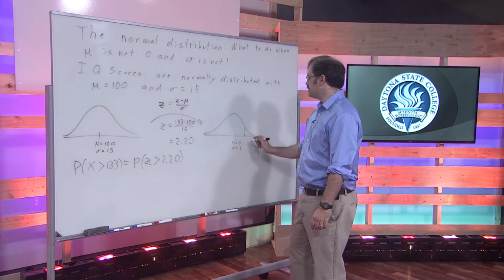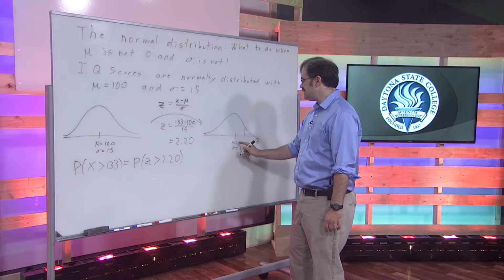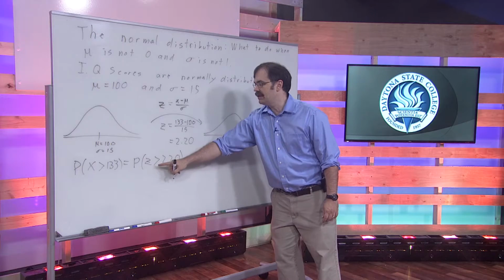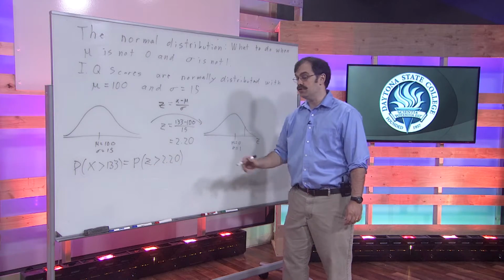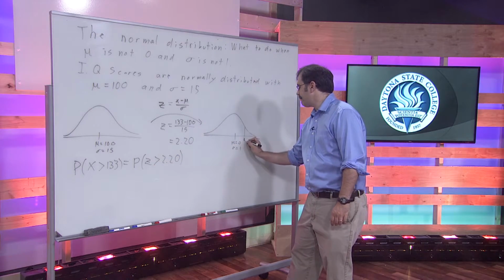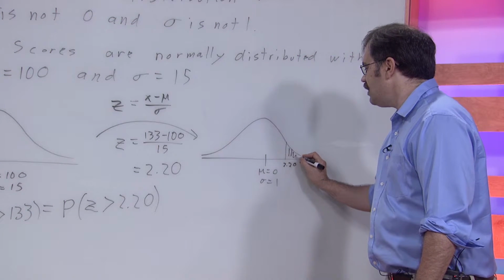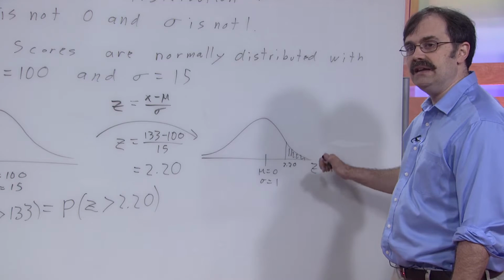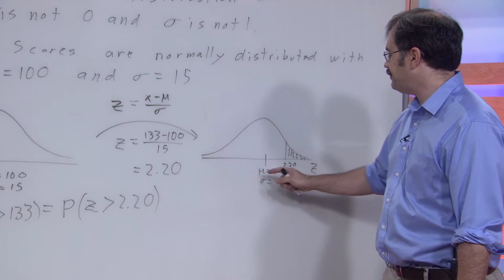These are z-scores. The mean is 0, the standard deviation is 1, and we're interested in the probability that z is greater than 2.20. So we're looking for this area up here under the curve, but to the right of 2.20.